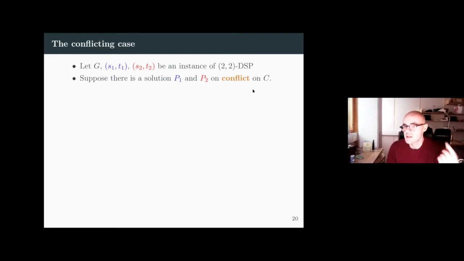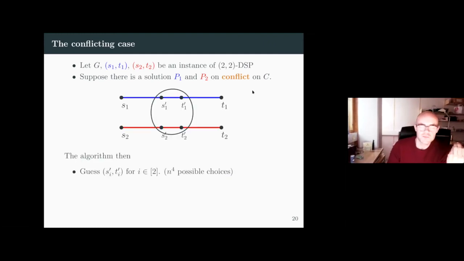If I tell you this, then there is an easy algorithm. You will guess this component, and then guess the entry point and exit point of each of these paths in this component. When I say guess, I mean try everything. So you have n to the 4 choices, but this is fine.